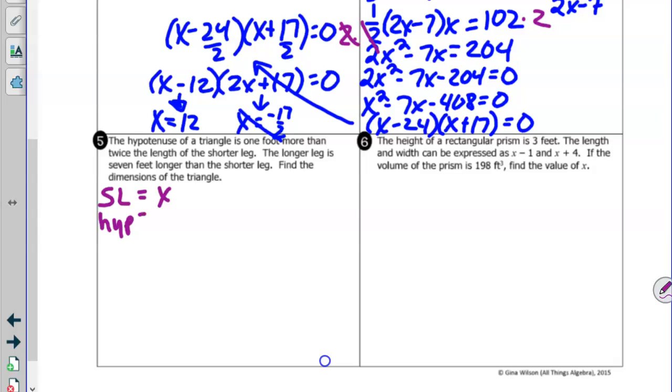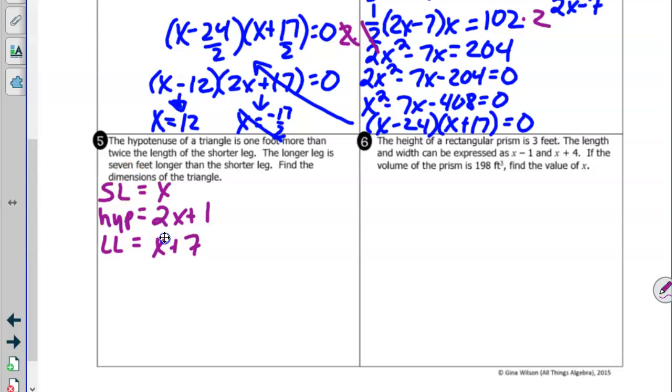Hypotenuse comes next. Hypotenuse of a triangle is 1 foot more than twice the length. So how do I write that? We need expressions for the 3 dimensions.